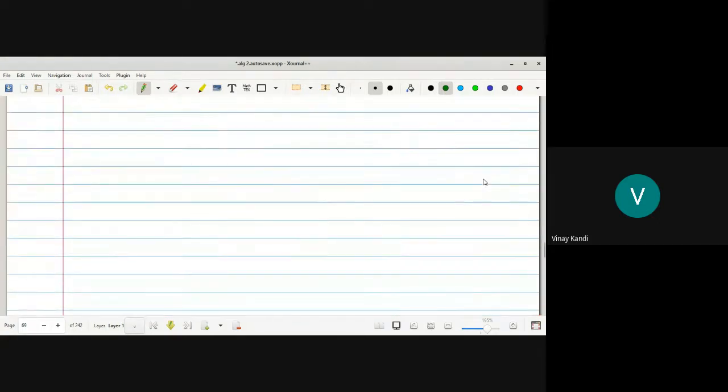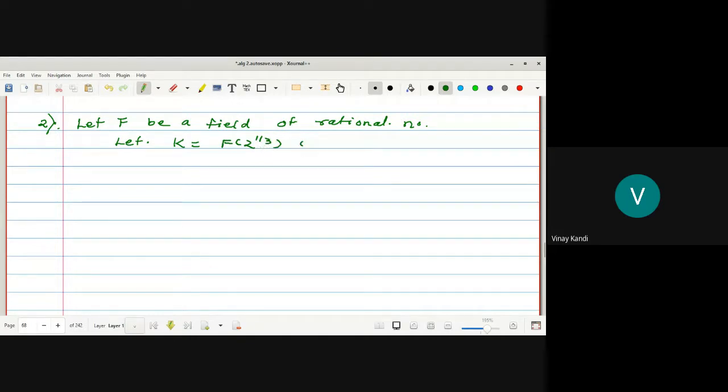Second one. Let capital F be a field of rational numbers, and let capital K be equal to F of 2 raised to 1 by 3, where 2 raised to 1 by 3 is the real cube root of 2.